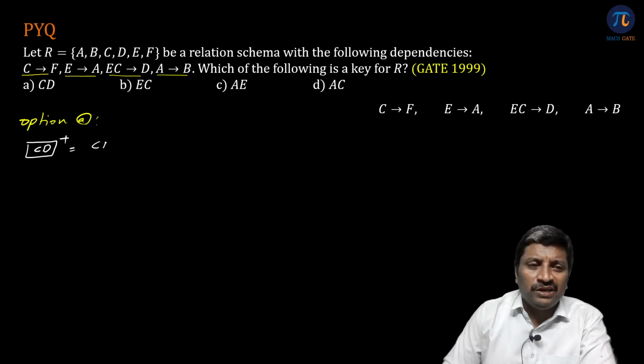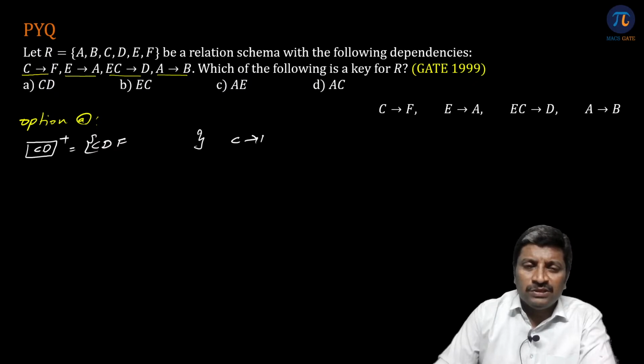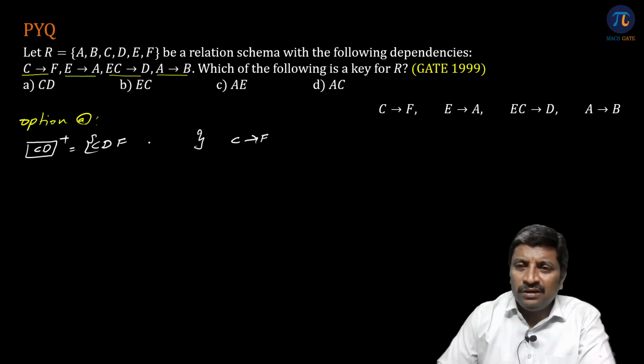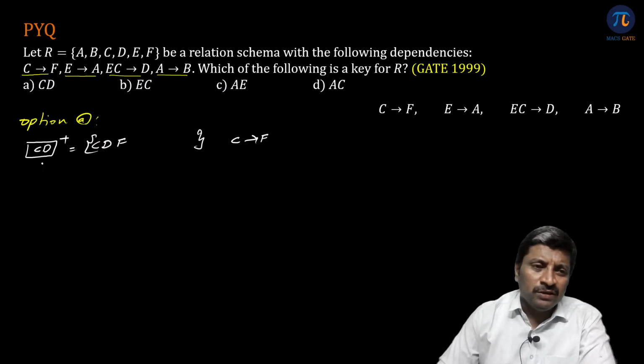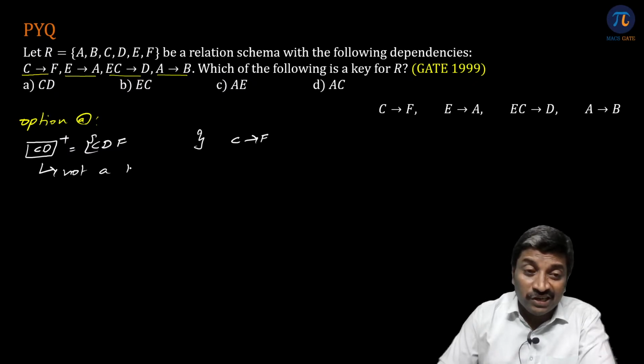So with C, D, I can get D. Then with C, I can get F. Why so? C implies F. Then anything else? No, sir. So it is not a key. And hence it is not a candidate key.